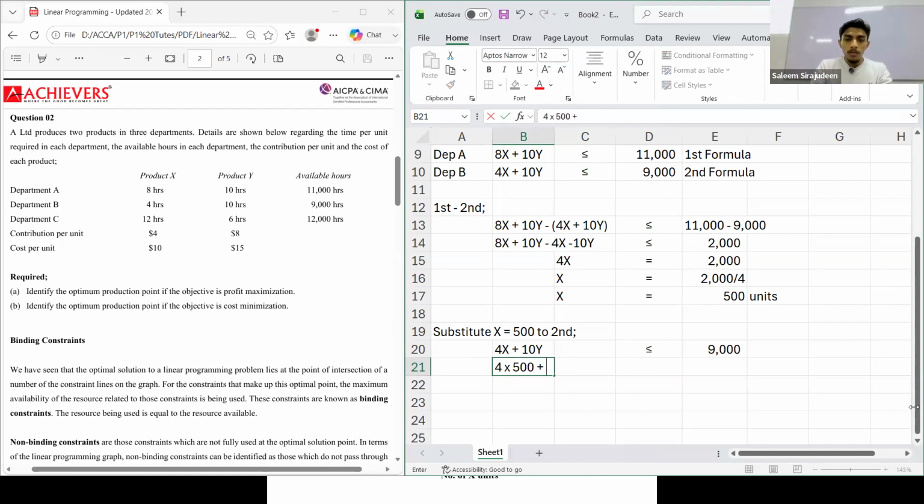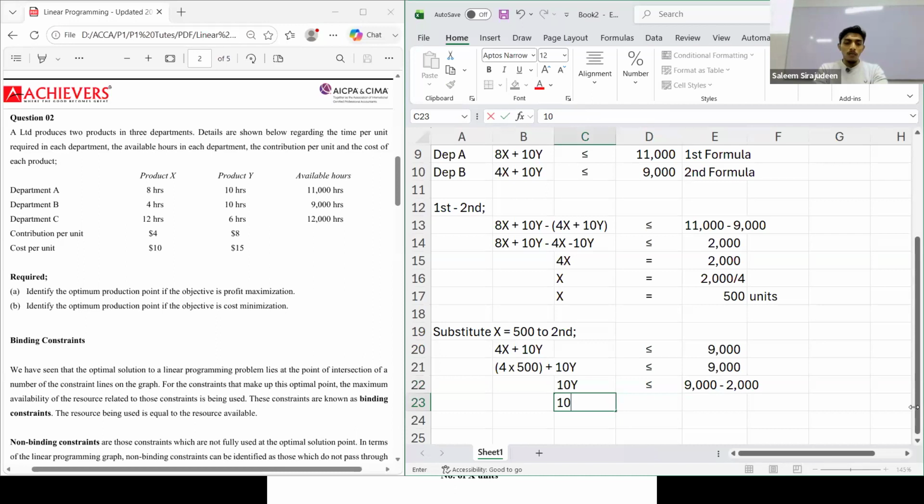So 4 into 500 plus 10y. Okay. So 4 into 500, we have to put it inside the bracket. Then it will be equal or less than 9,000. Which means 10y equal or less than 9,000 minus 4 into 500. It is 2,000.